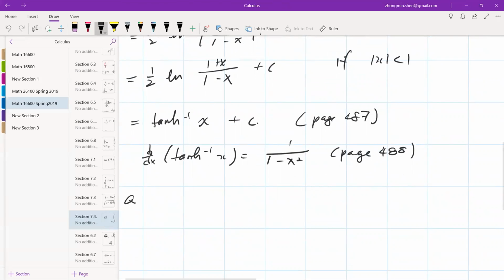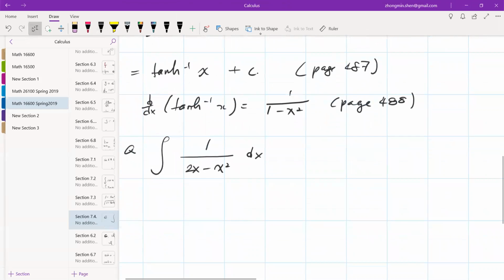So let's take a look at the next problem. It's the integral of 1 over 2x minus x squared dx. This looks similar to the above one, but I cannot easily decompose it as a sum of two nice functions.